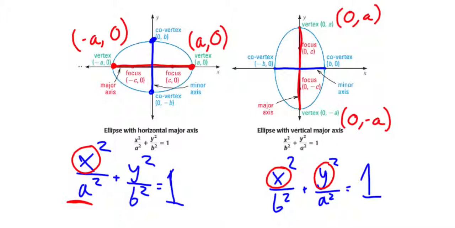Right, because that a value represents the distance from the center out to the vertex, either one. So if the b value is larger, that means the minor axis is larger than the major axis, which by definition can't be the case. So you're right, the a squared value is always going to be larger. That's going to help us later when we find out how to match these equations.